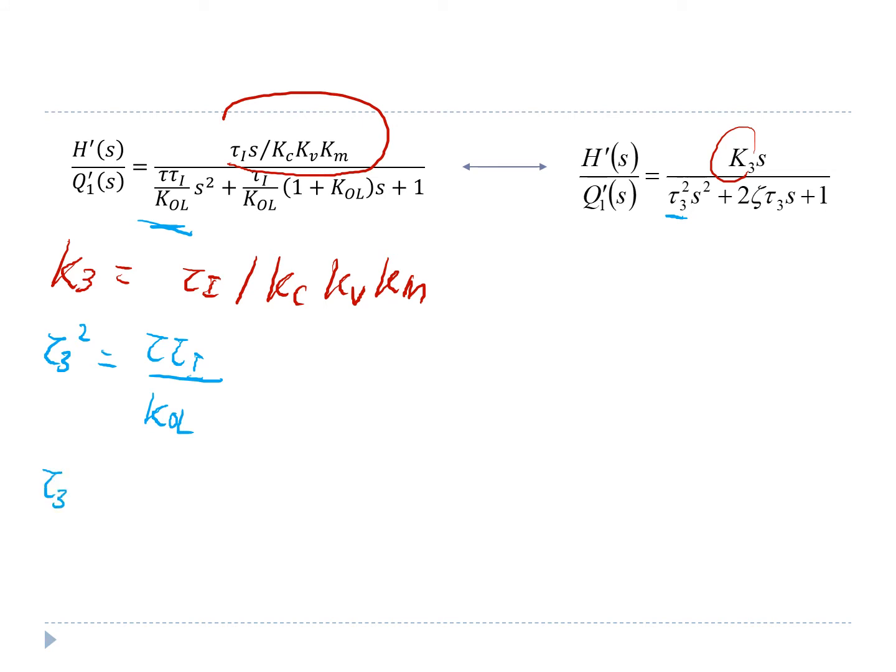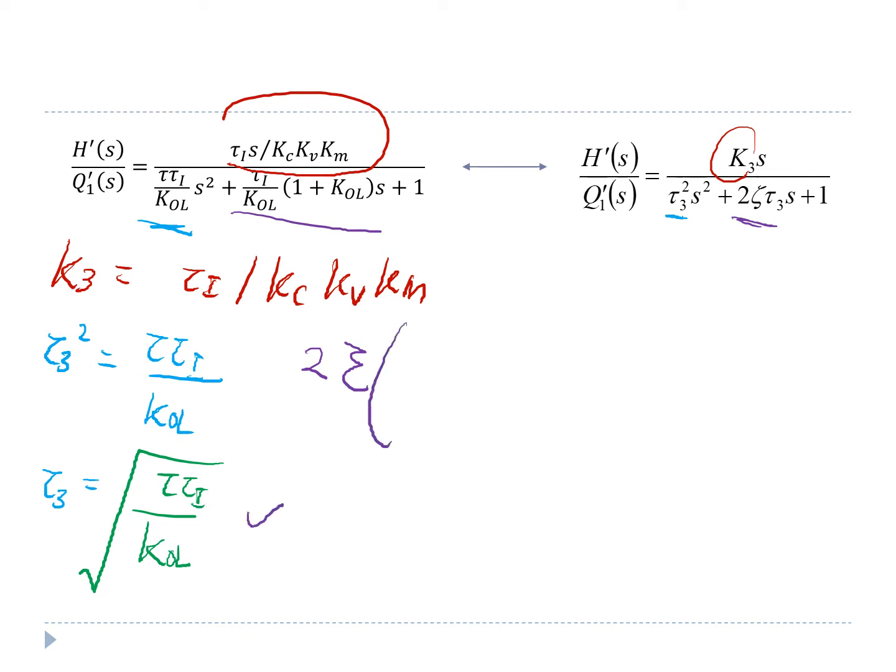So tau 3 equals the square root of tau I over KOL. And next, comparing the damping coefficient and tau 3 with this term, you know that 2 times the damping coefficient times tau 3 is this, so you just write the values straight away.